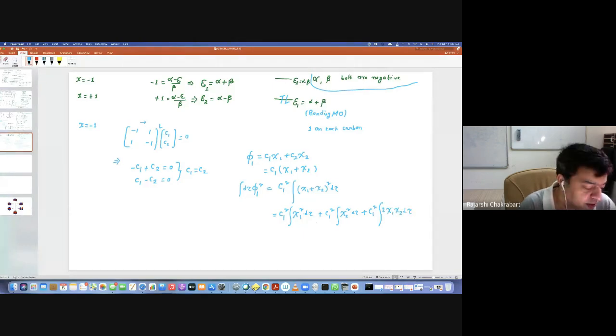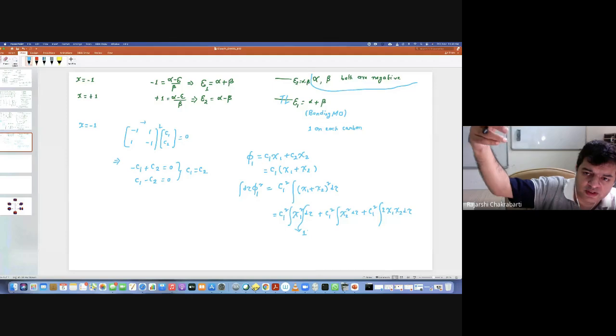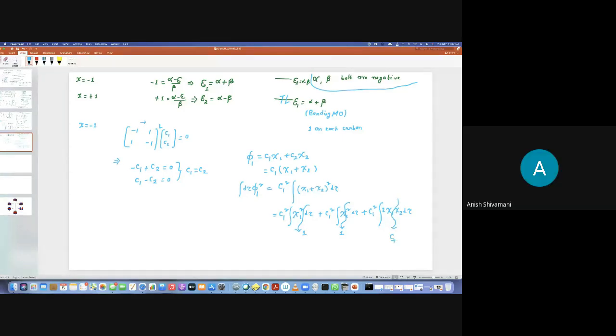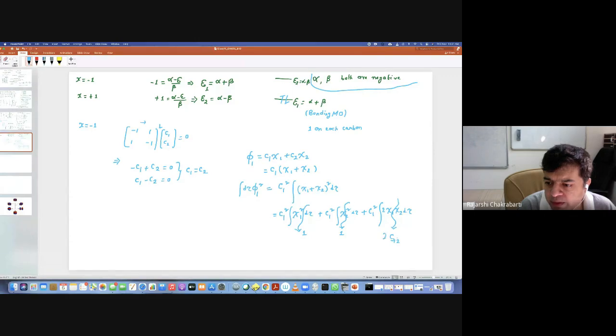What about chi 1 squared d tau? This is 1, no? Because each p orbital is normalized. Chi 1 is a p orbital. This is also 1. What about this integral? This is S12, no? 2 times S12. But this is 0 because of the Huckel approximation. So what I have here is 2 C1 squared, and that is equal to 1, no? Because it's normalized.